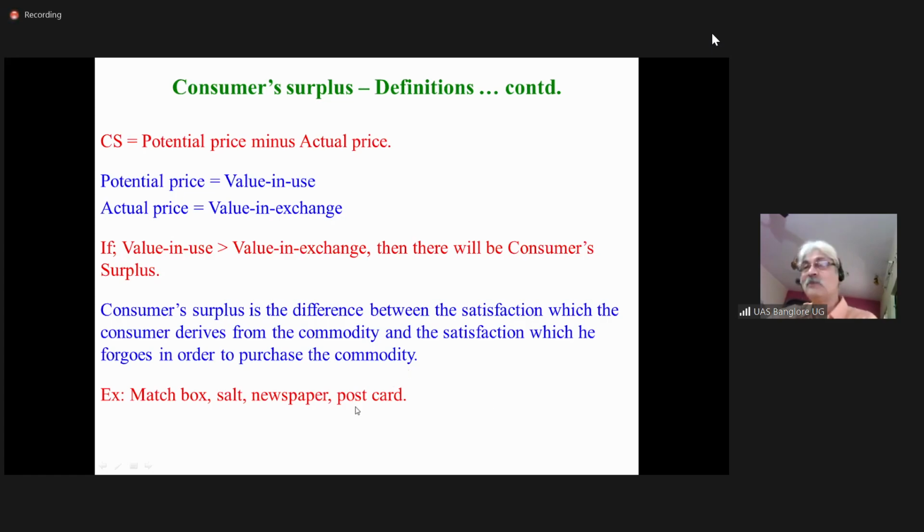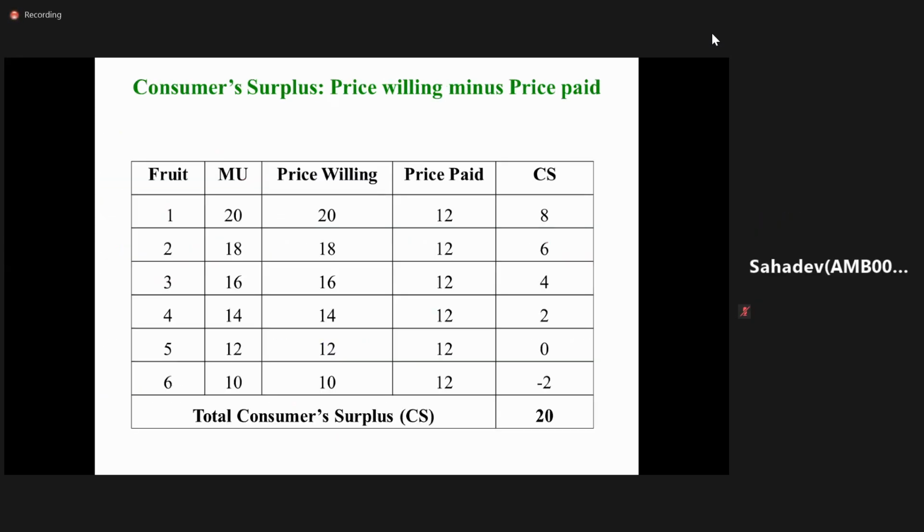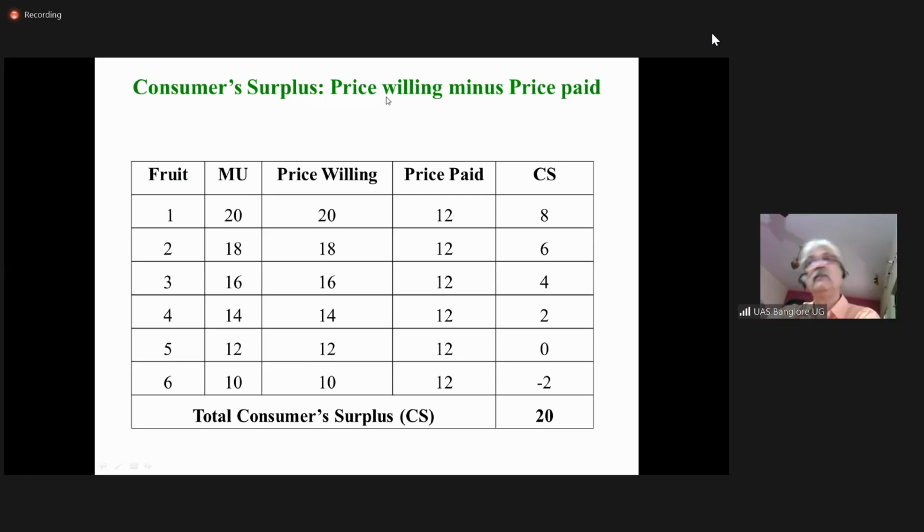You are ready to pay more, but you are paying only 75 paise. Newspaper also gives you all the information. So there is consumer surplus here. So consumer surplus is the price you are willing to pay minus the price you actually pay.